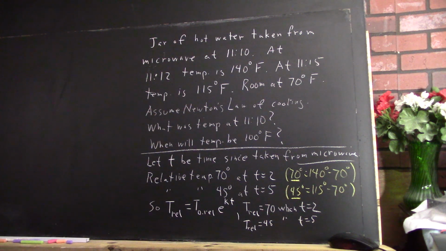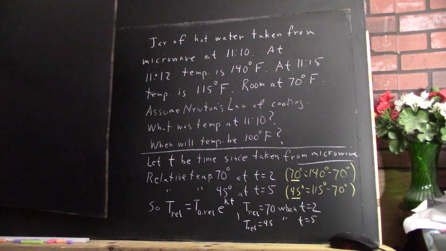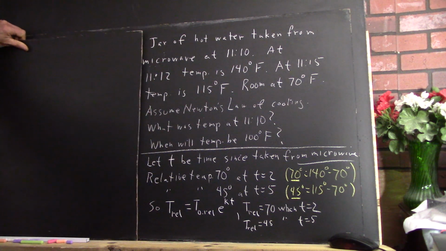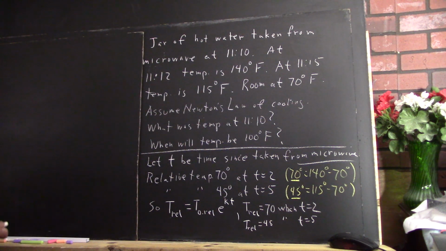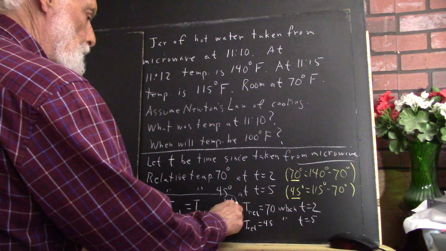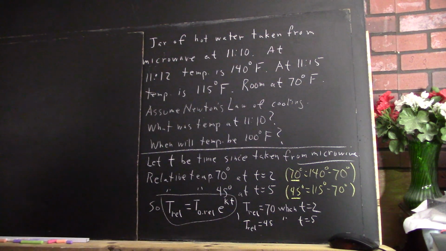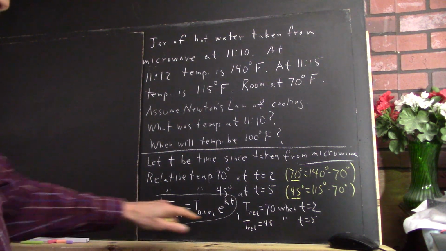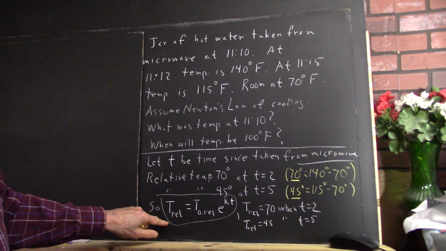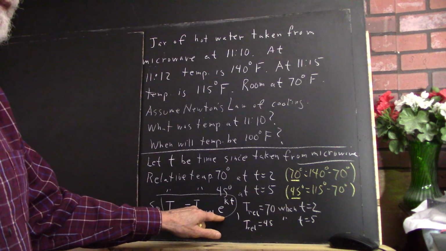We can then write out a system of equations. So using this model, we have 70 for t relative when t equals 2.